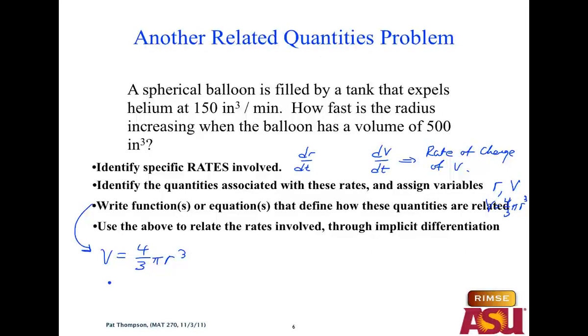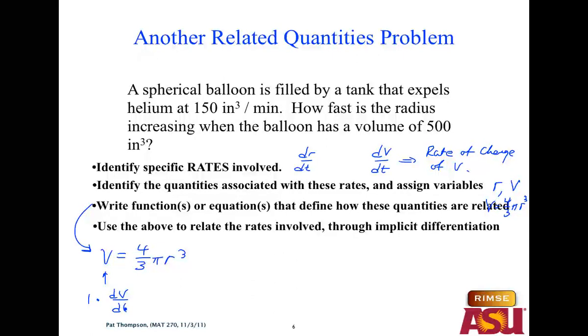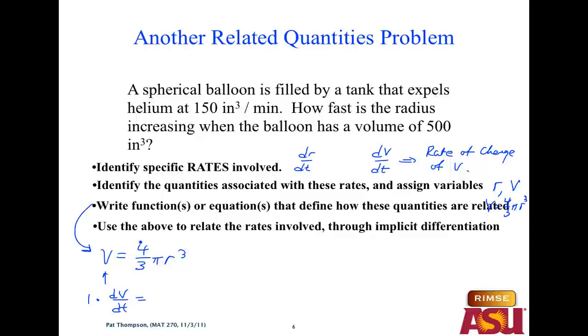So we differentiate everything with respect to t. Rate of change of V with respect to t is 1 times dV/dt. Then the rate of change of r with respect to t: we're going to have 4/3 pi, hold on to that because it's multiplied, and then times 3r squared times dr/dt.